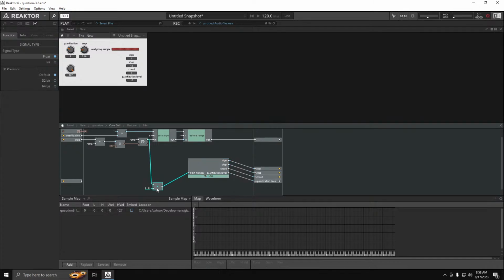So let's compare the quantization level to this. That's what, 18, this is, huh. So I'm gonna have to take these numbers and find the closest value out of these numbers.